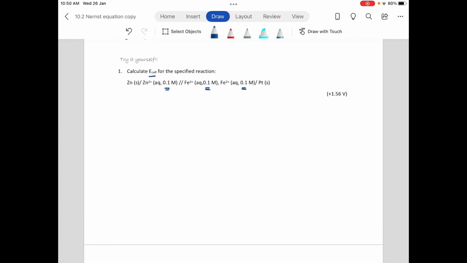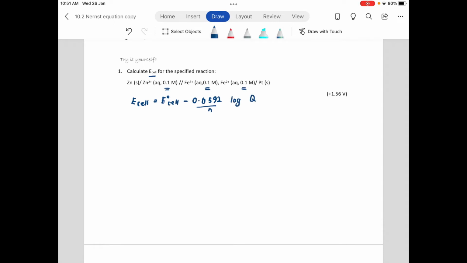Temperature dia 25 degrees C. So we can use the simplified version of Nernst equation lah. So tak perlulah guna yang panjang, kita boleh guna yang ringkas, which is this one. E cell equals to E naught cell minus 0.0592 over N log Q.